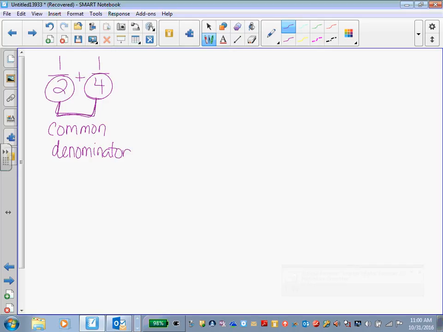One of the easiest ways to find a common denominator, and this is different from what I showed my homeroom, is the way your parents learned it. You multiply each fraction by the other denominator.